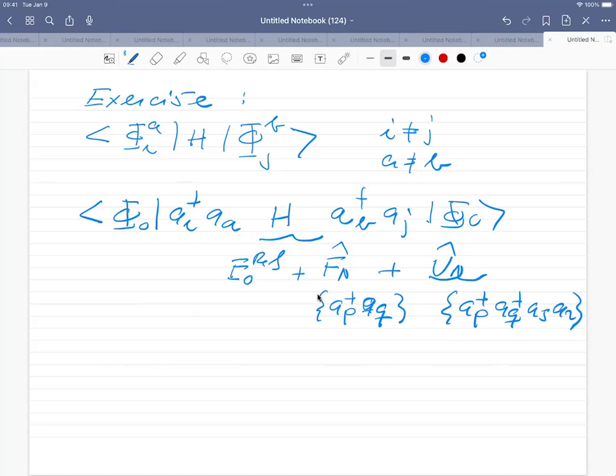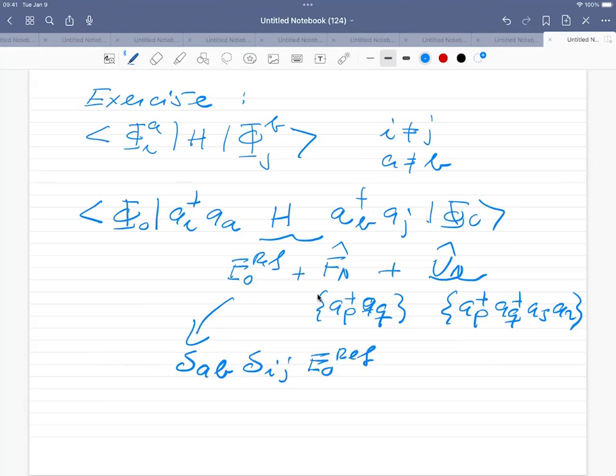If you look at this E0 ref term, which is a constant, it's pretty obvious that this is going to give us something which requires that A and B have to be the same, and I and J have to be the same, times E ref.